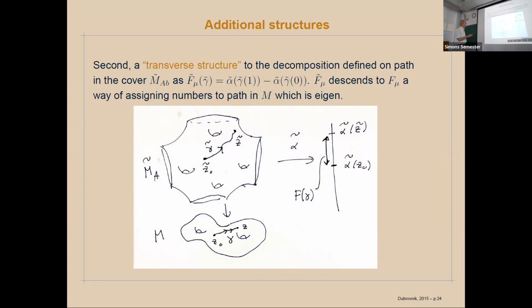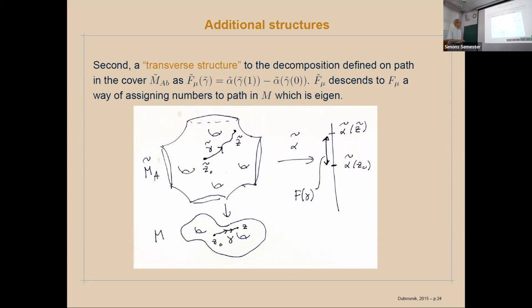This is now a function on arcs in the universal abelian cover, which is the difference in the values of the semi-conjugacy.